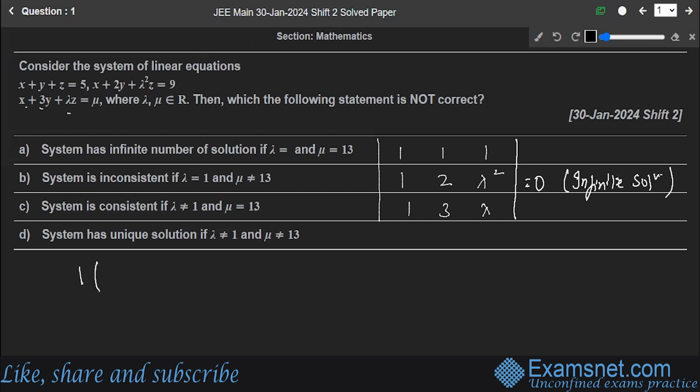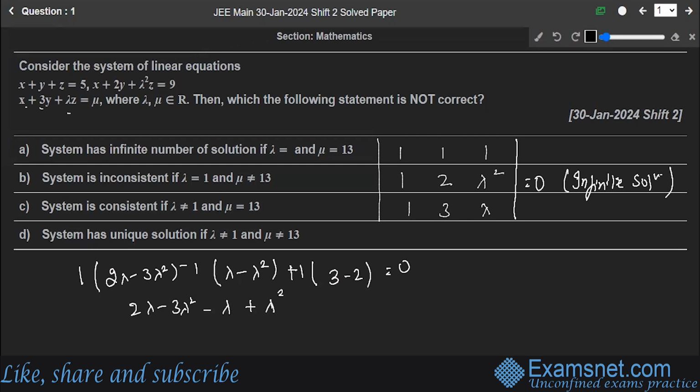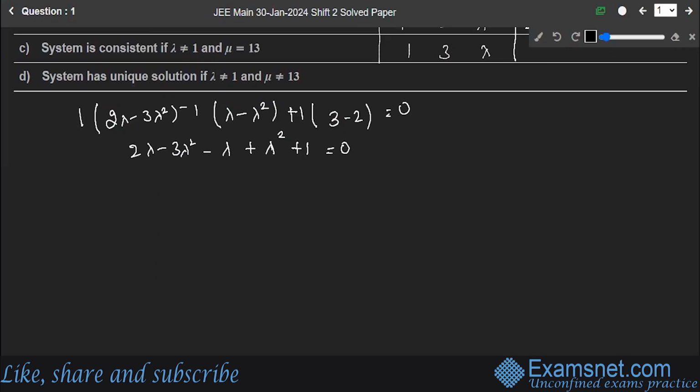Let's take the determinant: 2 lambda minus 3 lambda square minus 1 into lambda minus lambda square plus 1, you have 3 minus 2. This is equal to 0. You have 2 lambda minus 3 lambda square minus lambda plus lambda square plus 1 is equal to 0, or you will have minus 2 lambda square plus lambda plus 1 is equal to 0.